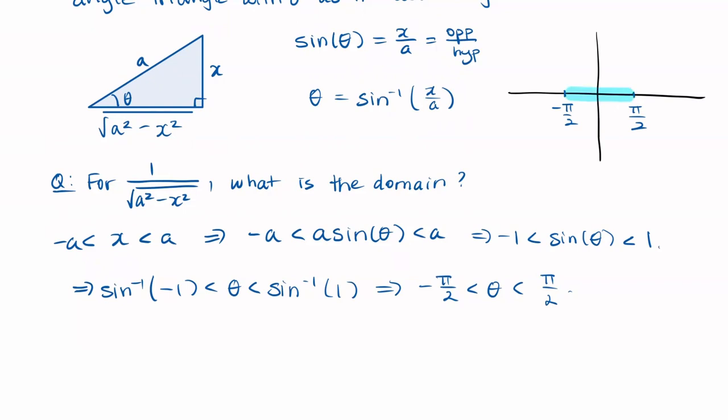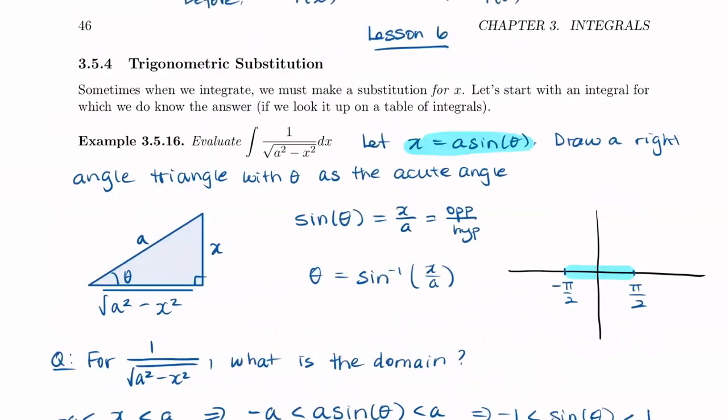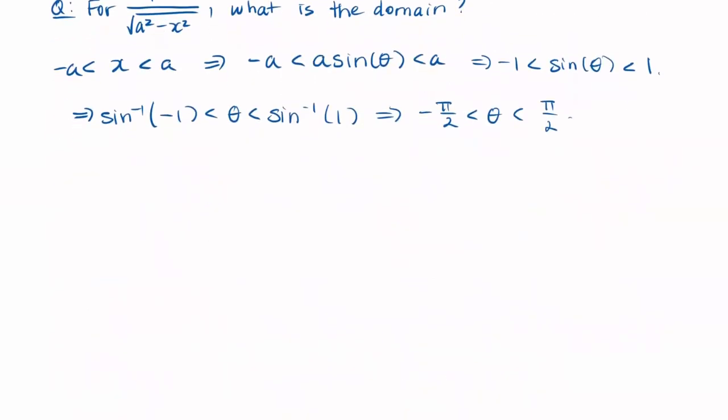All right. So let's have a look. If we substitute x for a sine theta and put it into here, let's see what we get. The integral of 1 divided by the square root of a squared minus x squared dx is equal to the integral of 1 divided by the square root of a squared minus, so x is a sine theta, so that's going to be a squared sine squared theta.